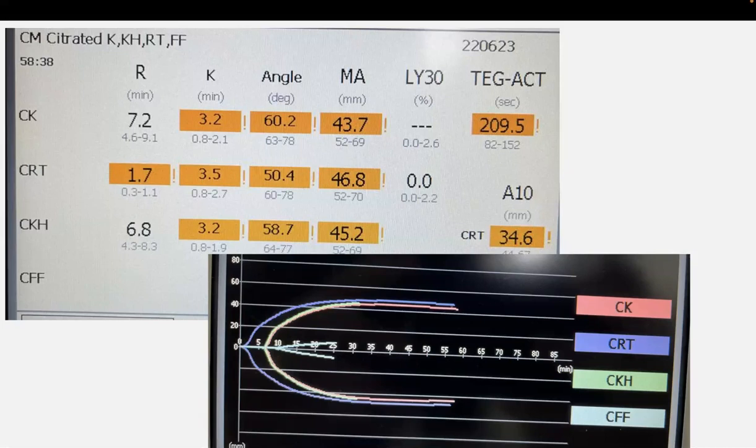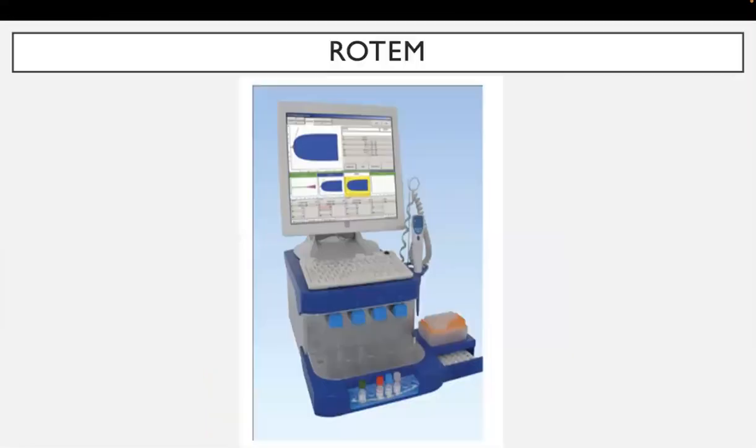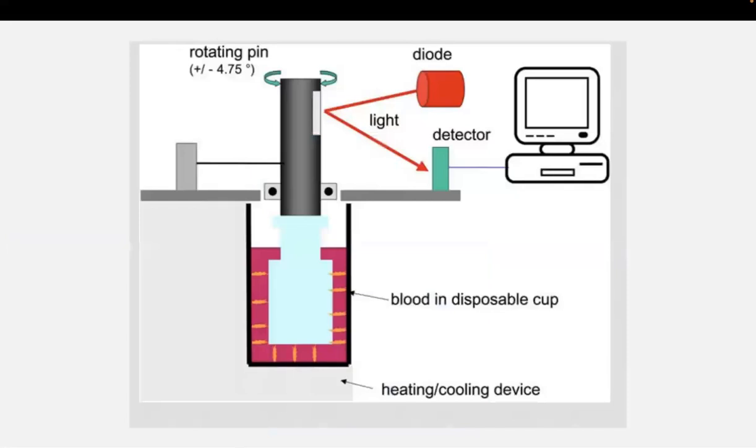Does anyone have any questions before we move on to the ROTEM? Okay, so your ROTEM is your rotational thromboelastometry. It's the same thing, but the only difference is that instead of the cup oscillating, it's your actual pin that's oscillating.